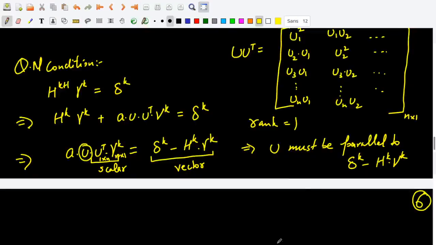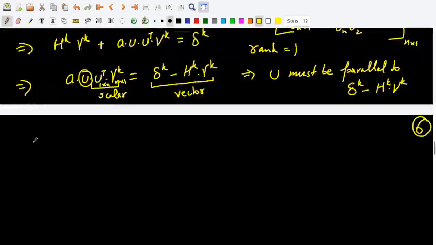Okay. In fact, since A is a scaling factor which is under our control, I can pick u to be exactly this. Right. So pick u to be delta k minus hk gamma k.